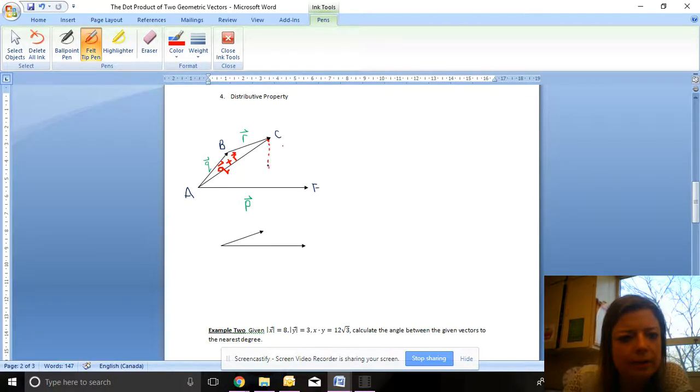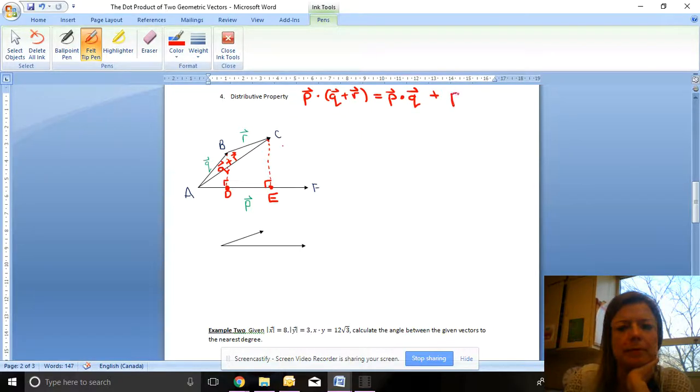Okay, I'm also going to draw some other features. I'm going to drop down a perpendicular, hopefully yours looks more perpendicular than mine, and a perpendicular from here as well. I'm going to say that this is D, where it hits here, and this is E, where it hits here. Okay, and we're going to prove that P dotted with Q plus R is equal to P dot Q plus P dot R. That's what we're setting out to prove.